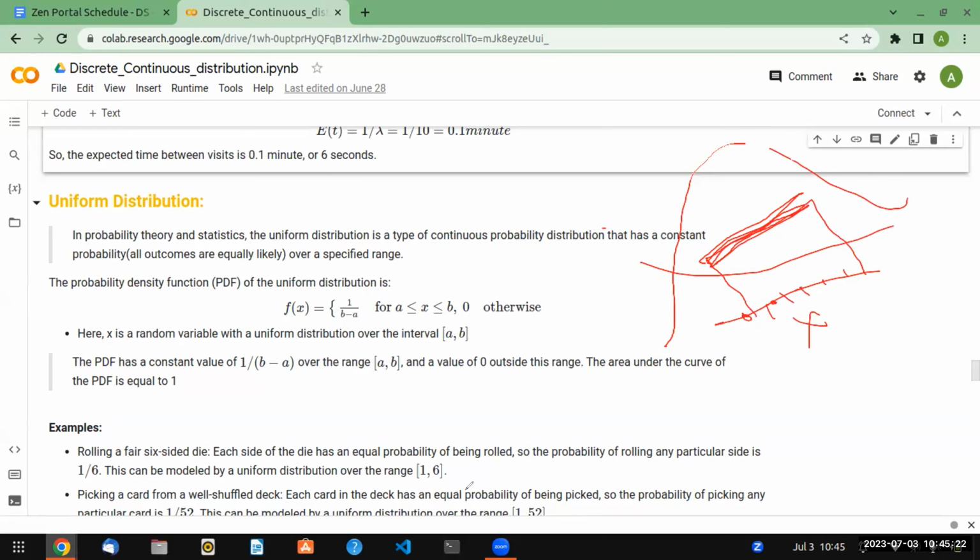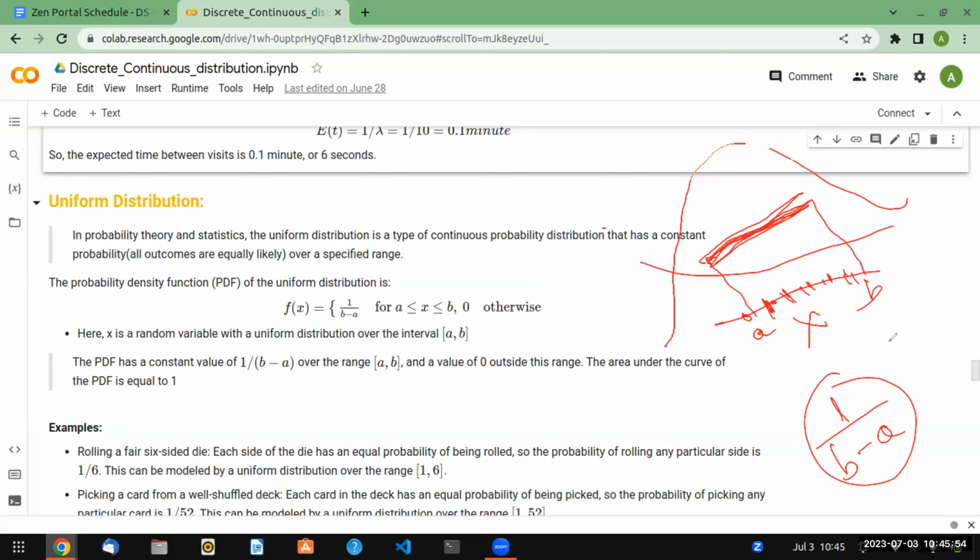And the mathematical formula for this is f of x equal to 1 by b minus a, where a and b are the extreme points. 1 by b minus a is a constant value. That means for every point you take between a and b, the probability will be 1 by b minus a, constant. That's why this is called uniform distribution. It is the easiest one among the three, with no complex mathematics.